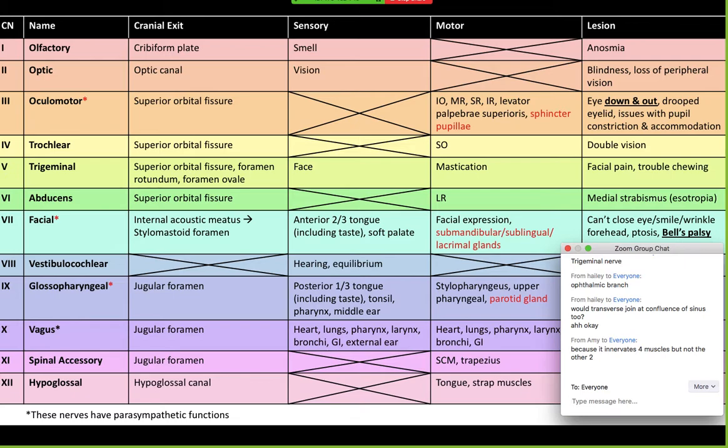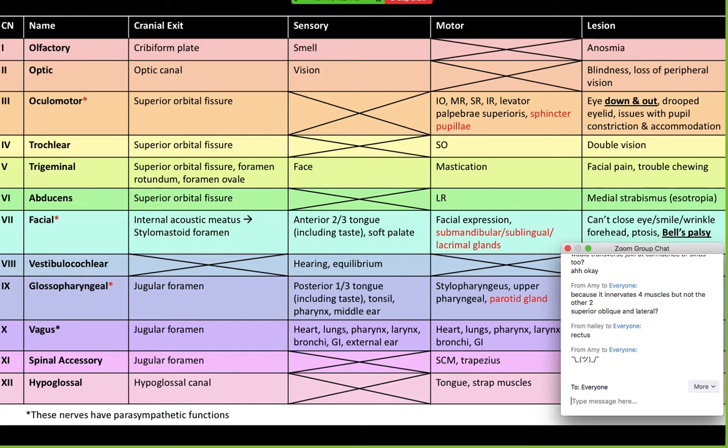Yeah, that's correct. Okay, so what 2 other muscles is it not innervating? Superior, yeah, right. Superior oblique and lateral what? Yeah, lateral rectus.